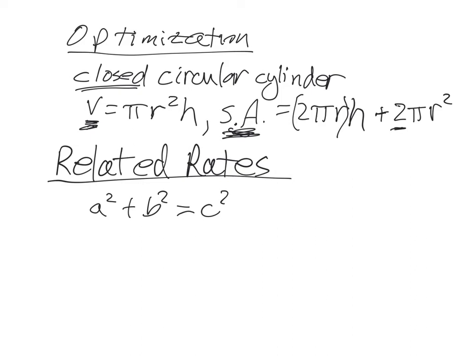But whether we have a runner on a baseball diamond or an airplane flying horizontally at a certain altitude, or cars leaving a certain point, one going north, one going east, forming that right triangle. I mean, we looked at a lot of different setups, but it ultimately came back to the Pythagorean theorem, setting that up.